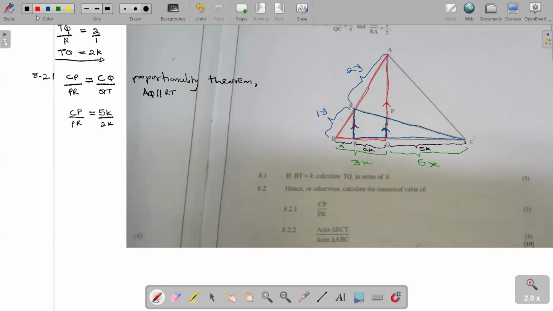Then the K will divide. So it therefore means our CP over our PR is equal to 5 over 2.